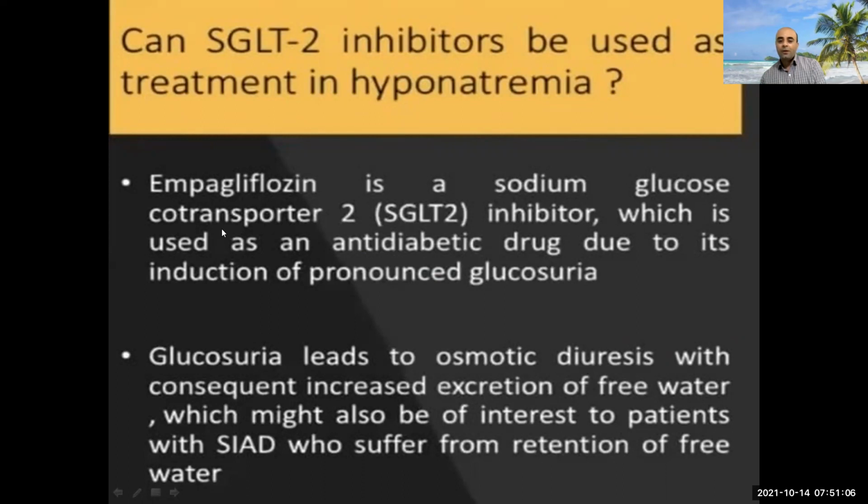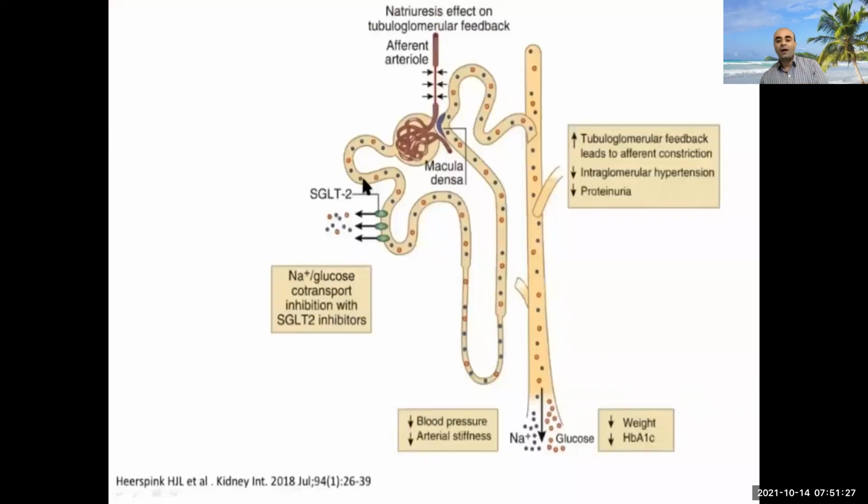SGLT2 inhibitors inhibit the channel responsible for glucose reabsorption in the proximal convoluted tubule, leading to glucosuria. This leads to osmotic diuresis with consequent increased excretion of free water, and this will lead to improvement of our hyponatremia from free water loss with glucose.